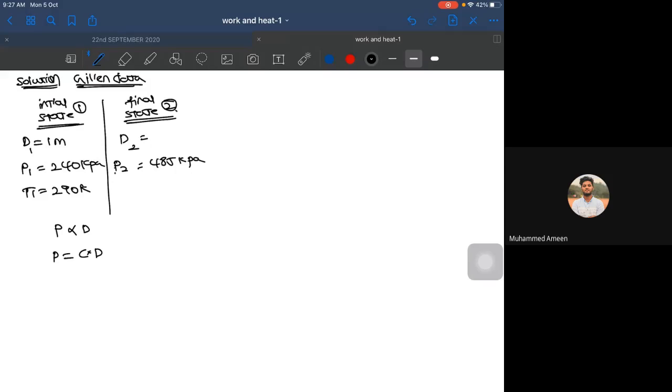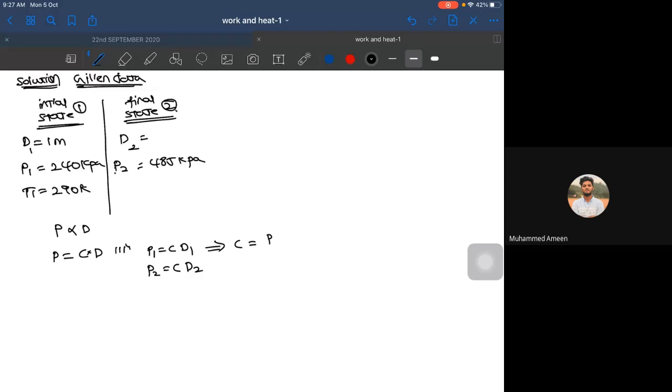So if I can write P is equal to C into D, I can even write similarly P1 is equal to C into D1 and P2 is equal to C into D2. Thus, what is C? It is P1 divided by D1.